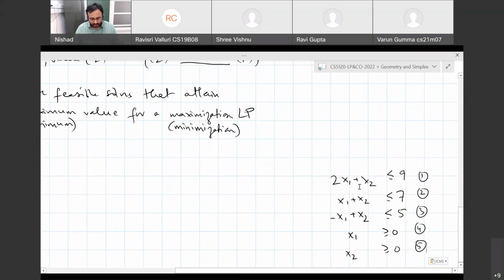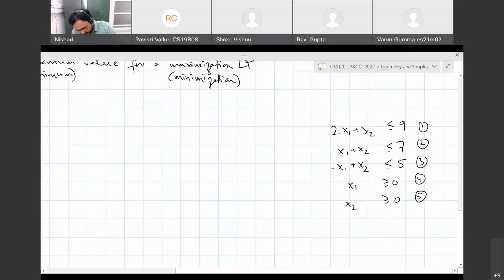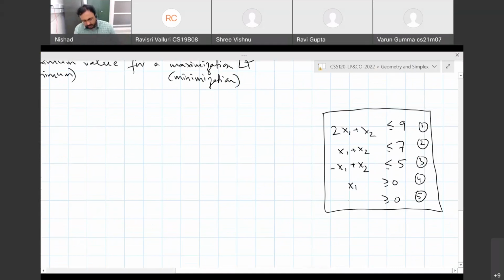Okay, so let's look at our constraints. And let's try to figure out what the feasible region looks like.